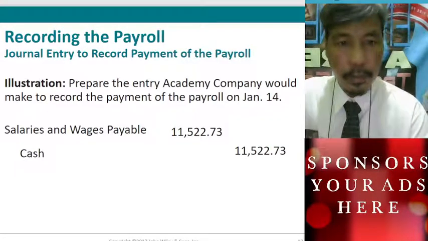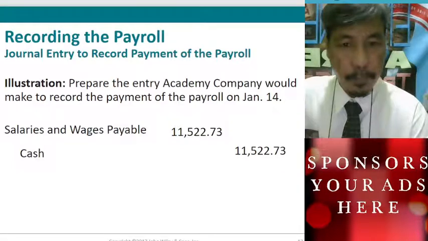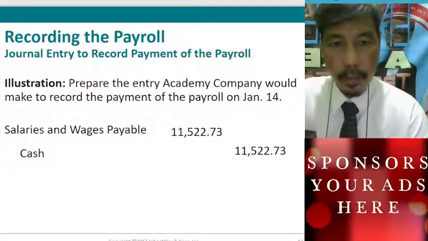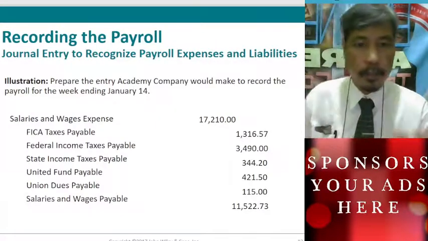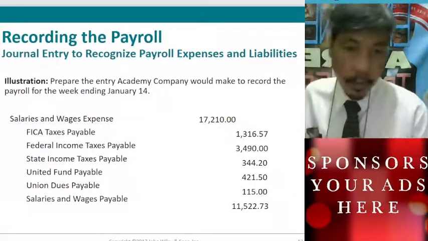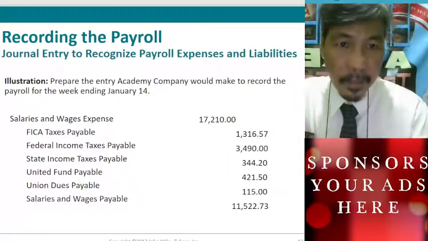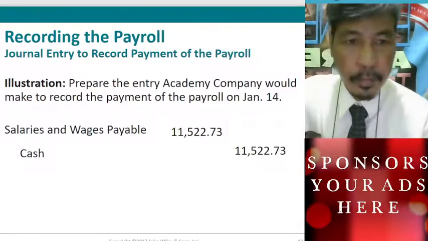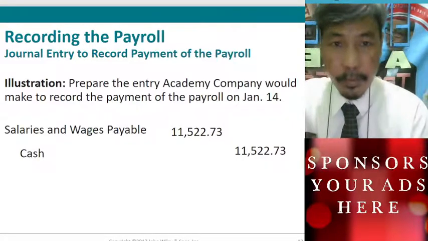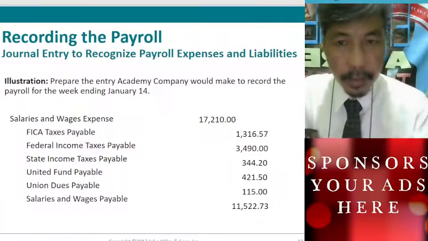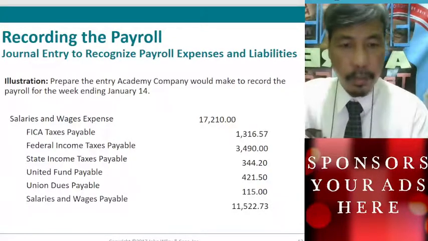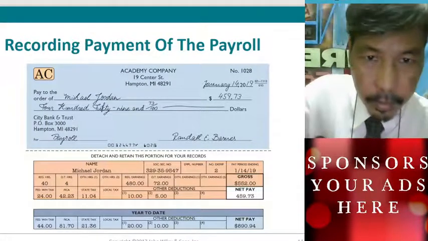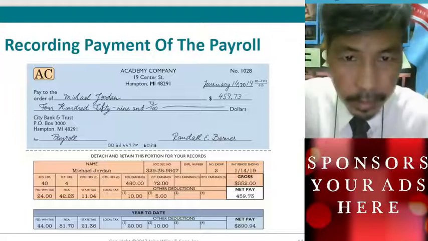Just to complete, this is the first transaction record, then the second to complete. This is the payment of the payroll. So just to record the payroll, this is the payroll recording. Payroll recording, payment of the payroll. So we have a check.